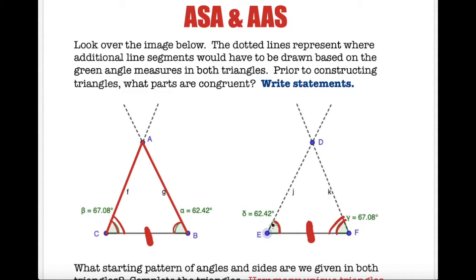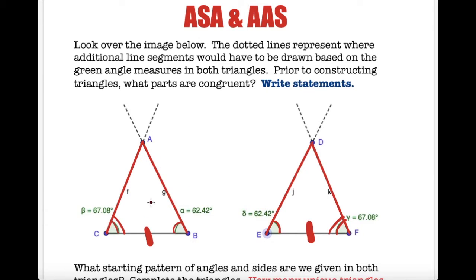Well, it should make sense to you then. If I have the same exact path, even if it's reoriented over here, I can't come up with unique triangles. I am stuck here with the same two triangles that are congruent because this segment is fixed as the same, and the two angle measures on either side are pointing our remaining two line segments in both triangles in the exact same directions, which means that they will both have to meet in the same point, A and D in this case, which tells us that these two line segments are going to be congruent.